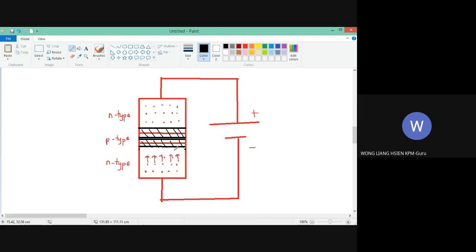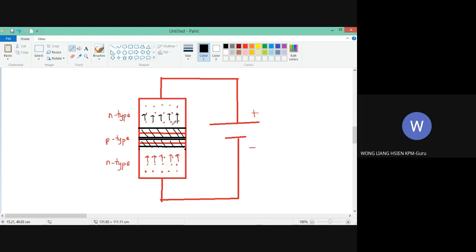But can the electrons pass through the depletion layer, through the P-type, through the N-type? Why not? Because this side is positive, it will attract the electrons on this side. That means the electrons on this side move away from the junction. When they move away from the junction, what happens?